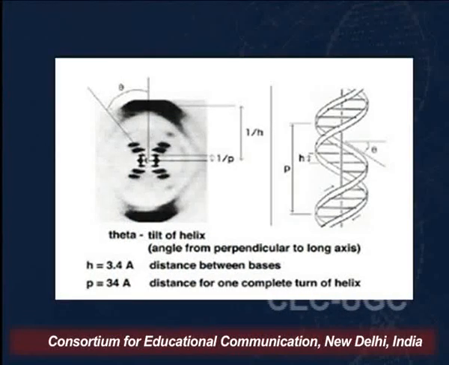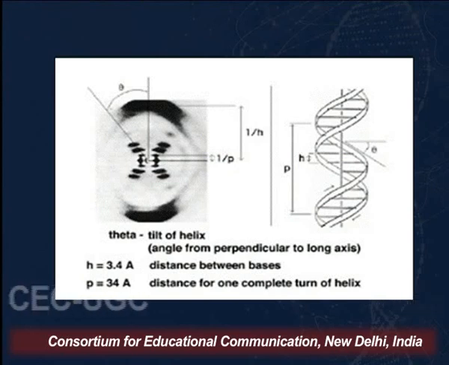On your screens now you can see the historical picture of DNA, in which Franklin showed that it had a double helix structure, which is on the right hand side. She also showed the distances between the two bases and also the distance of one complete round of the helix, that one complete turn of the helix.